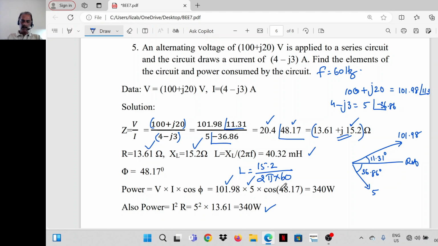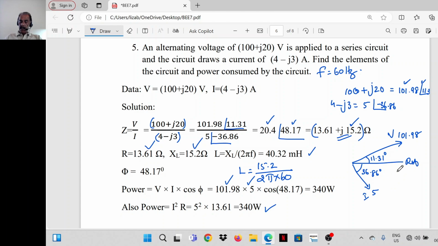The voltage is leading the reference by 11.31, because the voltage is 101.98 angle 11 point something.